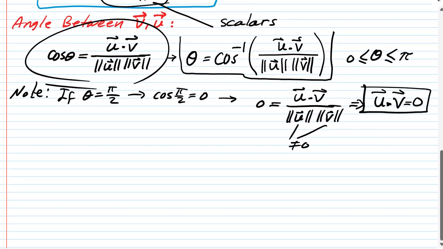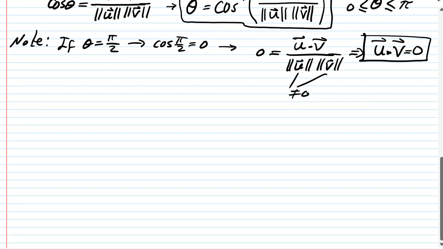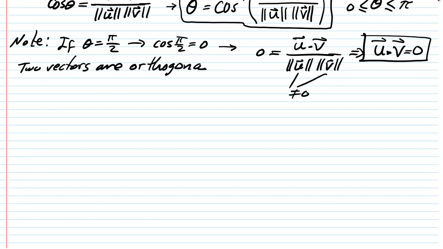So oftentimes, if we need to establish that two vectors are orthogonal, that means the angle between them is 90 degrees, we just show that the dot product is 0. Now sometimes they call them normal vectors, perpendicular vectors, and so on.